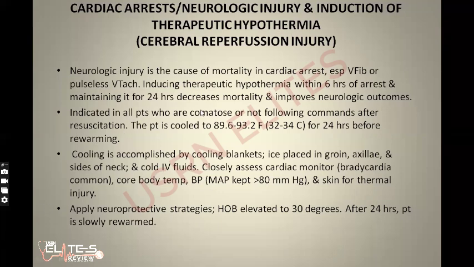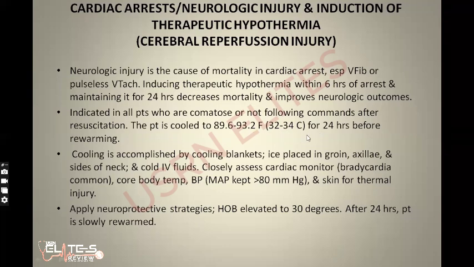It is indicated in all patients who are comatose or not following commands after resuscitation. The patient is cooled to about the temperature given, in degrees Fahrenheit, and the equivalent in degrees Celsius.